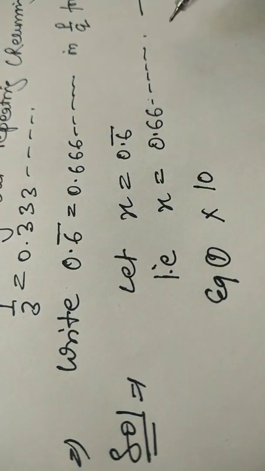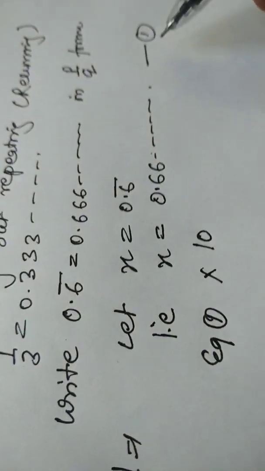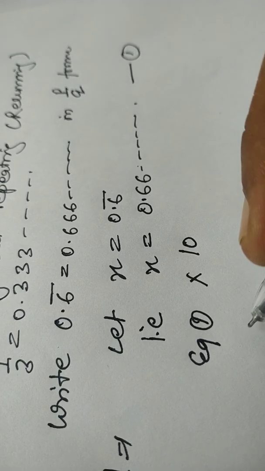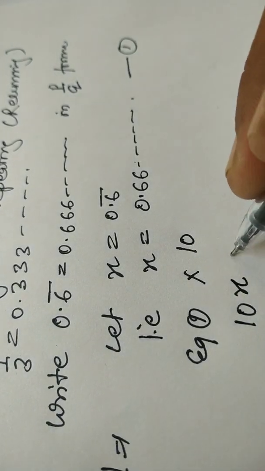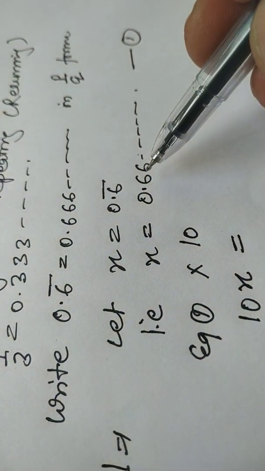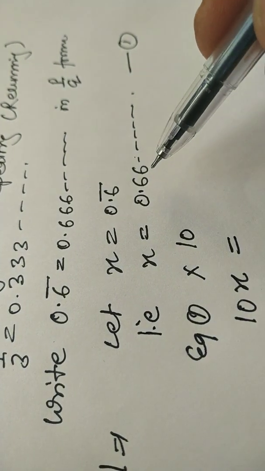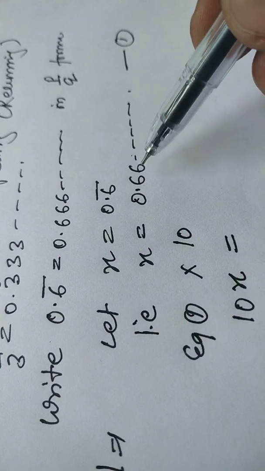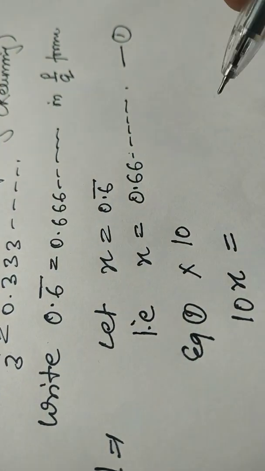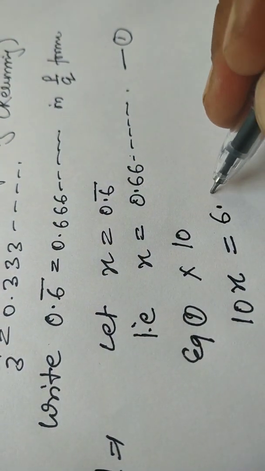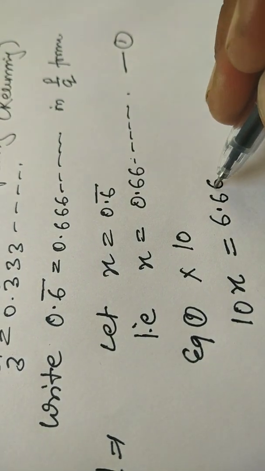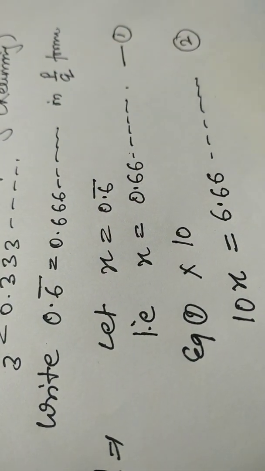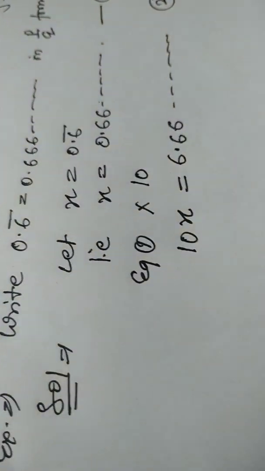Now if you multiply equation 1 by 10, then on the left hand side we write 10x is equal to, the decimal is shifted one place to the right, 6.666 dot to infinity, that is equation 2. Now check it.